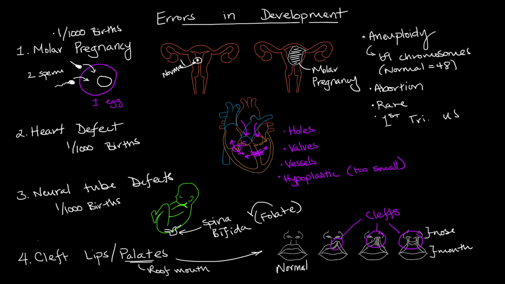And cleft lips and palates are a little bit more common than the other ones. This is about 1 to 2 cleft lips or palates in every 1,000 births. So it's a little bit more common than the other ones, but this can be fixed with surgery to the face of the baby.